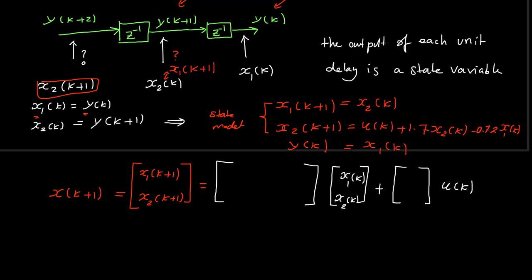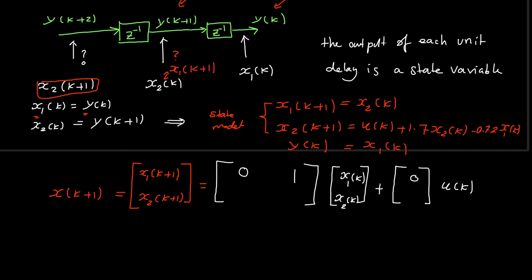So the first equation should read as x1 k plus 1 must equal x2 of k. So simply this means that this will be the 0, this will be the 1. You cannot see any input here, so this will be 0.